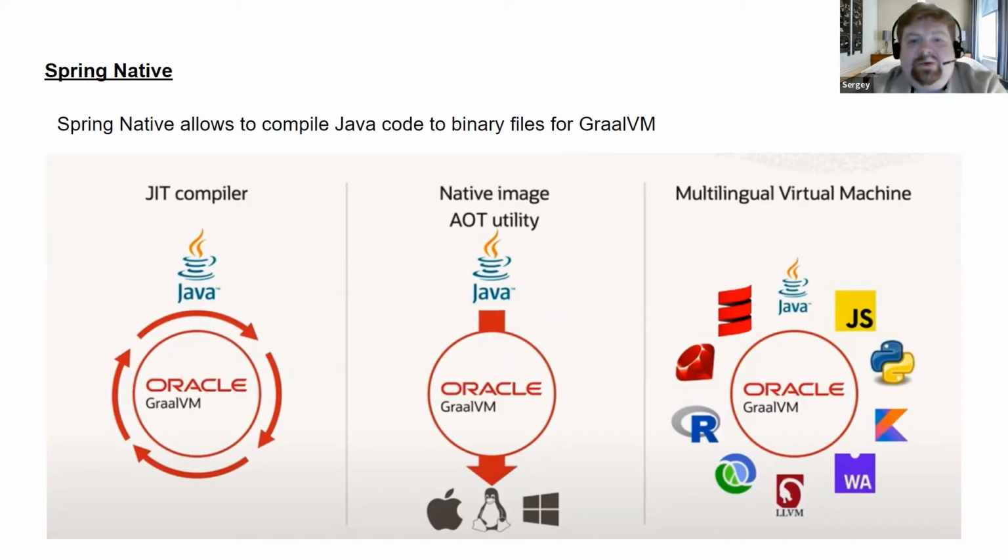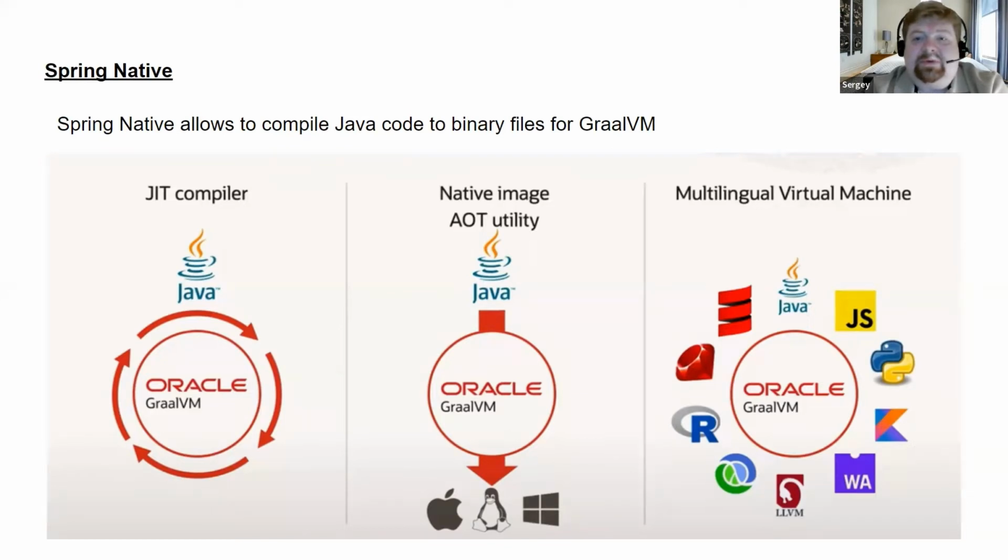It also allows you to create not just Java binary files that can be run with GraalVM, but also a native image of your application. That means it's an executable file that can be executed without a Java virtual machine, by using the AOT utility, the ahead-of-time compiler.